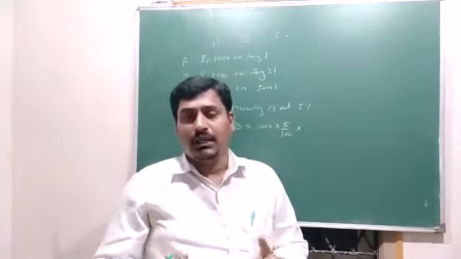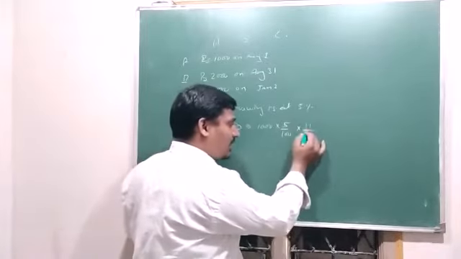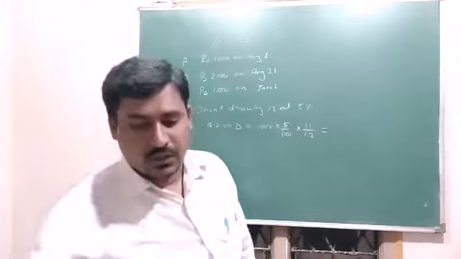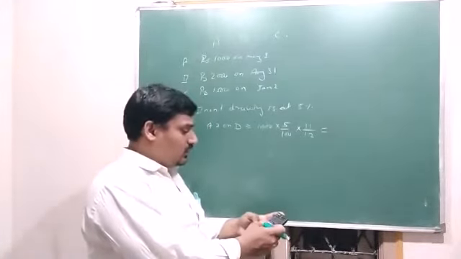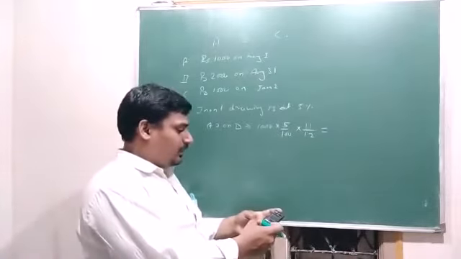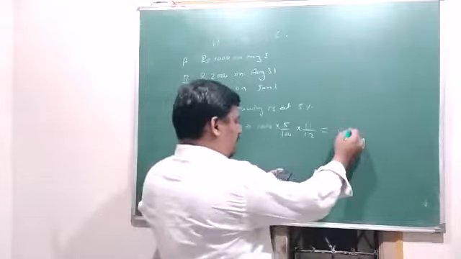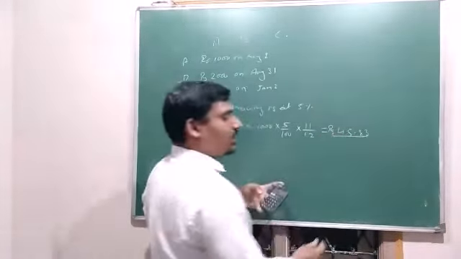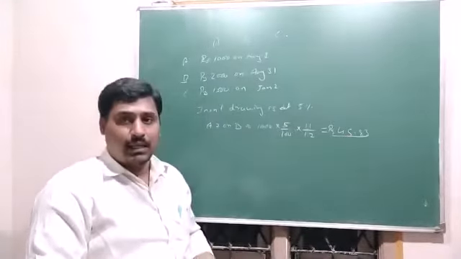For 11 months that amount is not there in the business. So for 11 months, 11 divided by 12. So 1000 into 5 divided by 100 into 11 divided by 12 is equal to 45.83. That means interest on A's drawings is 45 rupees 83 paise.